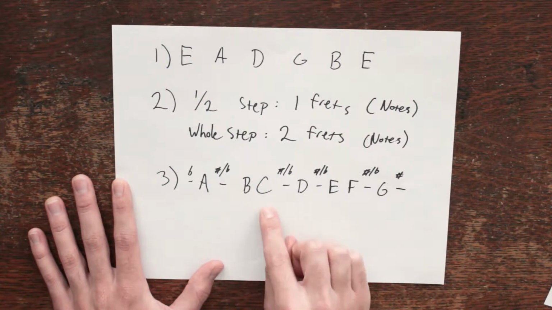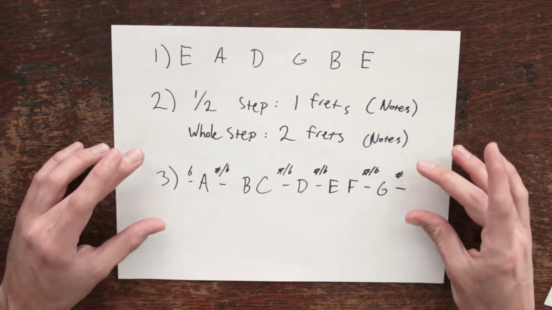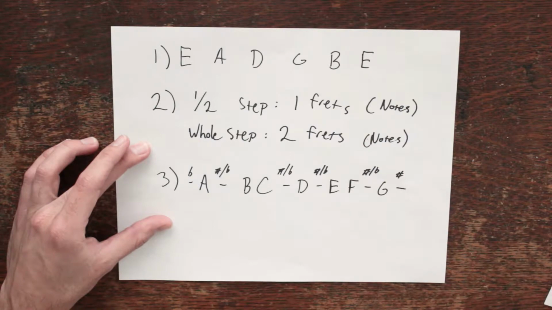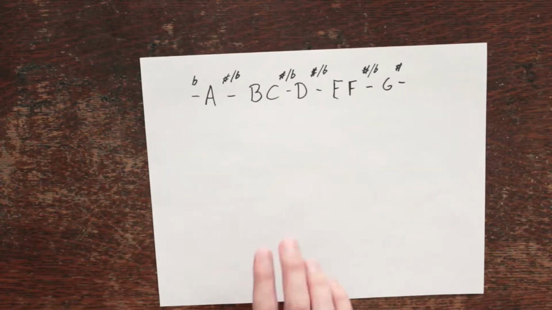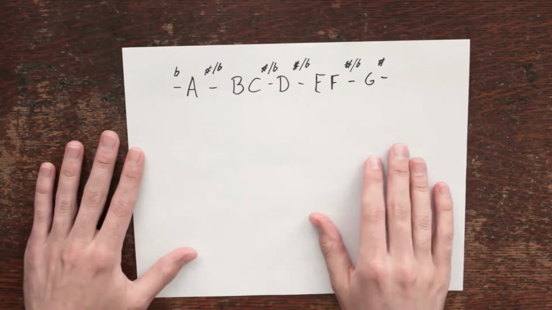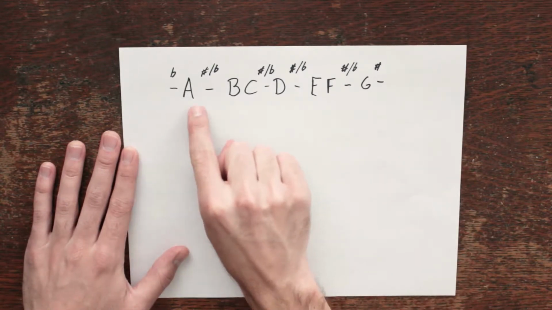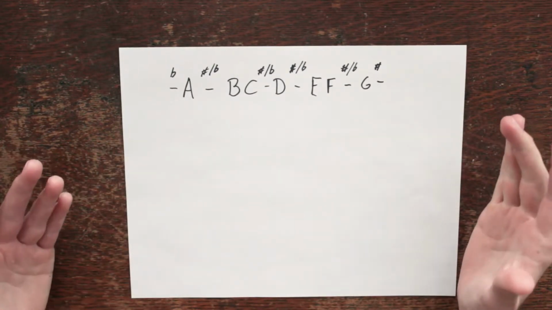Now the third thing that we need to know is what I like to call our musical ABCs. What I have here is all of the notes that are in music.